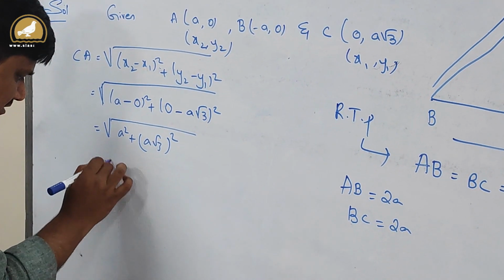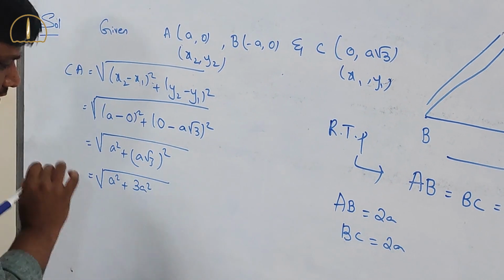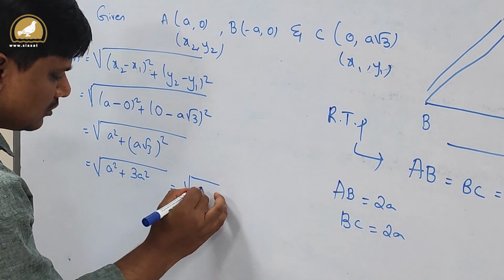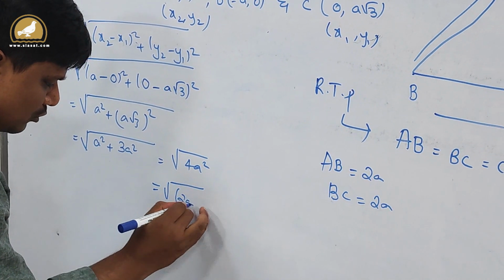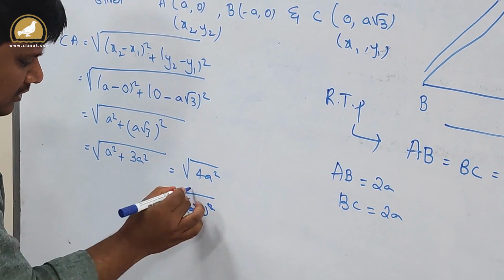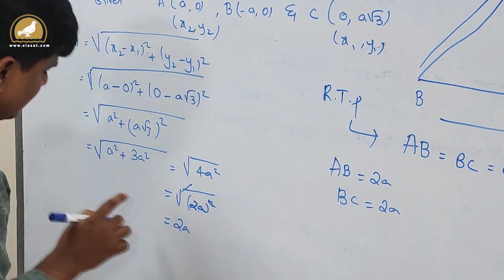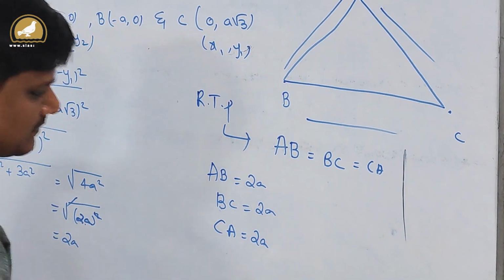This can be written as a square plus 3a square. This is nothing but root 4a square, which can be written as 2a whole square. Square and root cancel, we got the value of CA as 2a. So CA is equal to 2a.